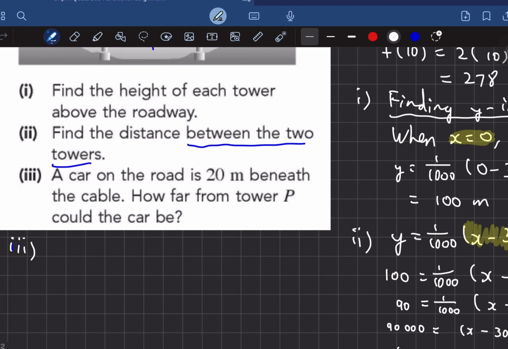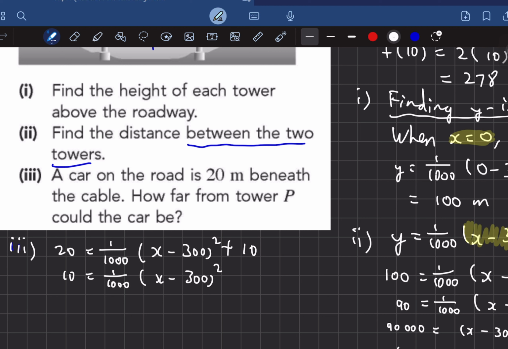So from here, I'll have 20 equals 1 over 1000 times (x minus 300) square plus 10. I remove the 10 first by minusing 10 on both sides. Solving is the same, so times 1000 to both sides. Same thing, I don't expand the bracket.